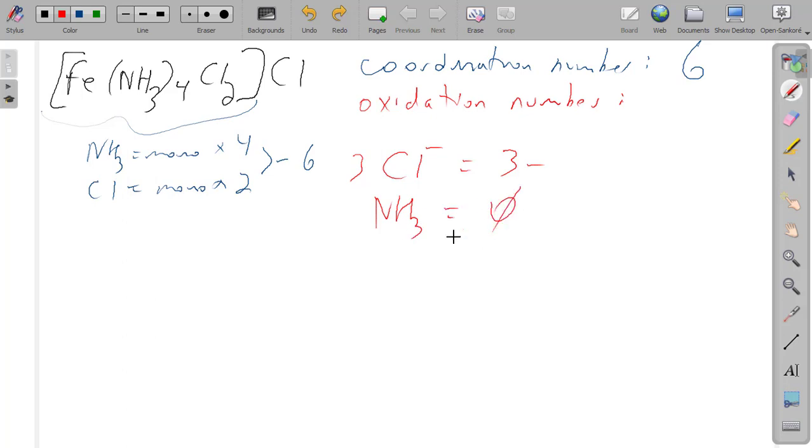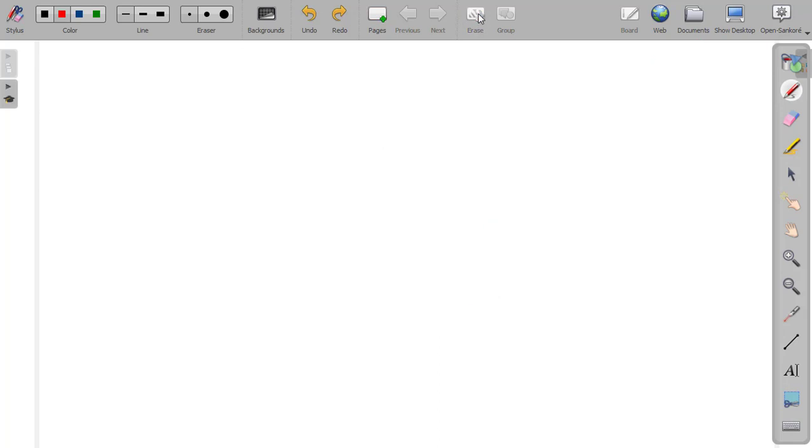NH3 is 0. Therefore, we have an overall 3 minuses, both inside and out in this case. And so then Fe must be 3 plus then to counteract that, because all charges have to add up to 0. So the oxidation state then is plus 3 for that. Coordination number 6, oxidation number plus 3. One more.